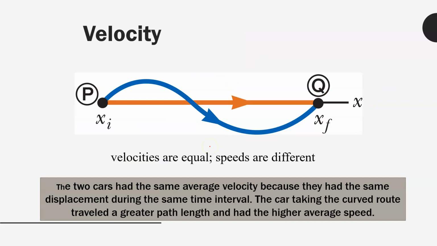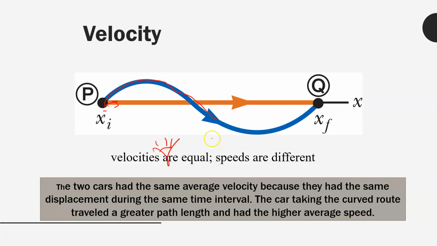Let's see over here. A drag race viewed from a stationary beam. One car follows the rust colored straight line path from P to Q, and a second car follows the blue curve over here. Imagine we are watching this drag race from a stationary beam.